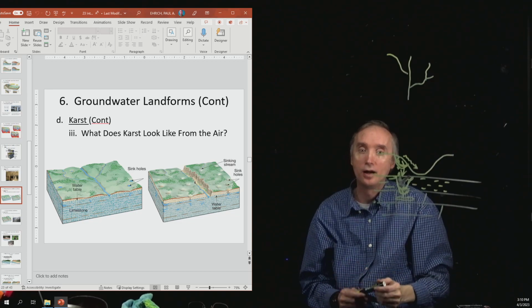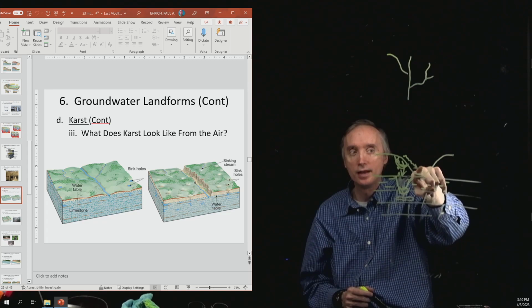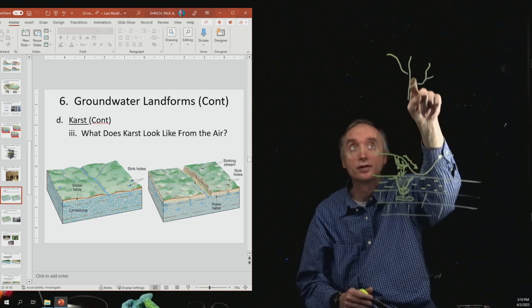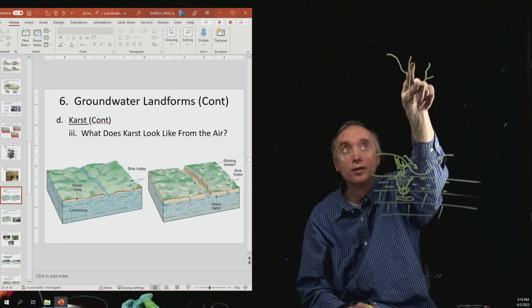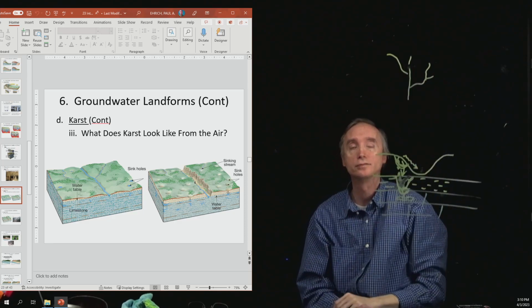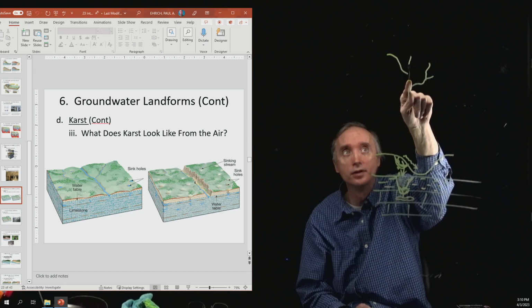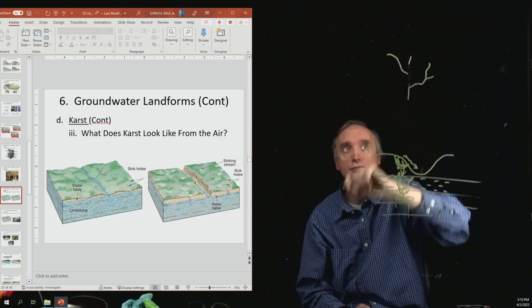Okay, another thing that can happen is that the water in this river system can abruptly end. Let's say that here's some water, but then it goes into the ground right here. When it does that, all of this water is going to dry up.